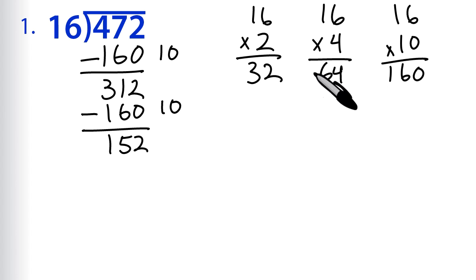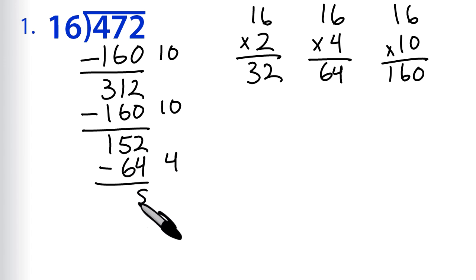So we'll use 64 because that's smaller than 152, so that will work. So we use 4 as our next partial quotient, and so we'll subtract 64 from 152, and 152 minus 64 is 88, and 88 is still bigger than 64, so we can use 4 again as our multiple.